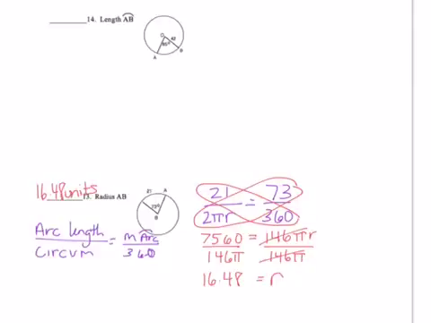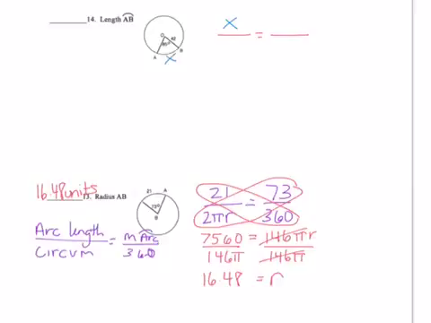Alright, so now I'm going back to number 14 on top, and I'm going to use the same formula that I did before. It's asking me for the length of AB, so I'm looking for that. I am going to put X here because that's where the length goes, over the whole circumference.